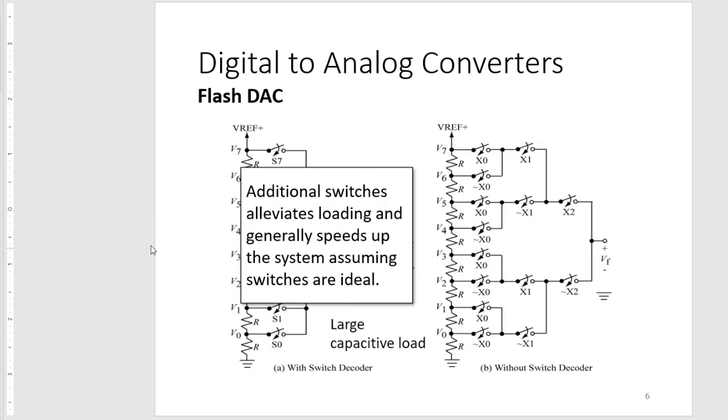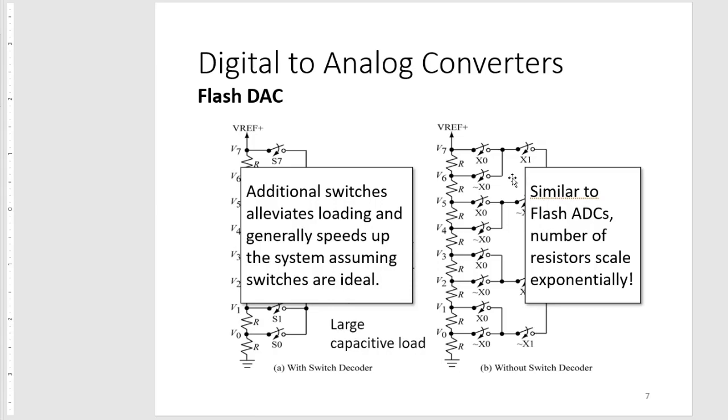Now, yes, the additional switches alleviates the loading and generally speeds up the system, assuming the switches are ideal. However, still, similar to flash ADCs, our number of resistors will scale exponentially. And that is also true with the number of switches that we have. So more switches, more resistors means it's very expensive to get a larger DAC when using this architecture.